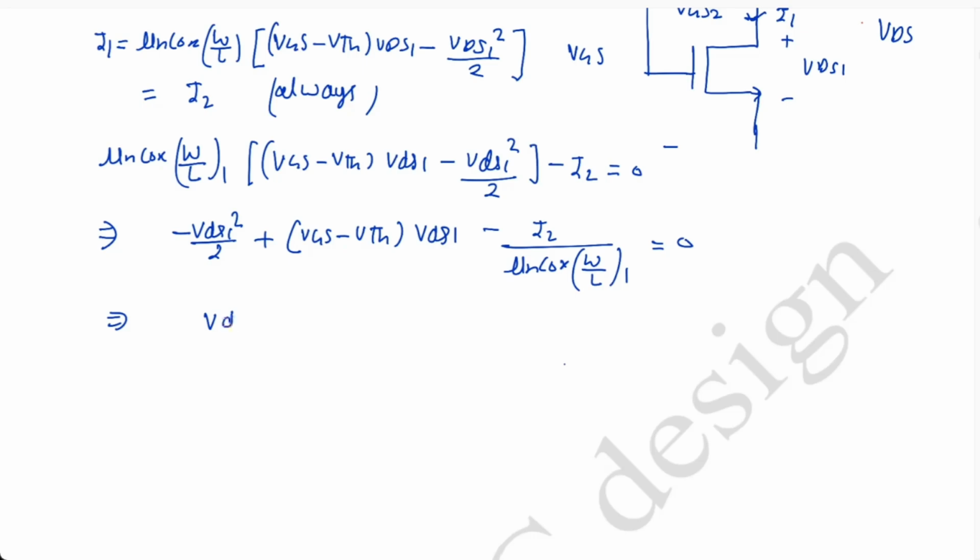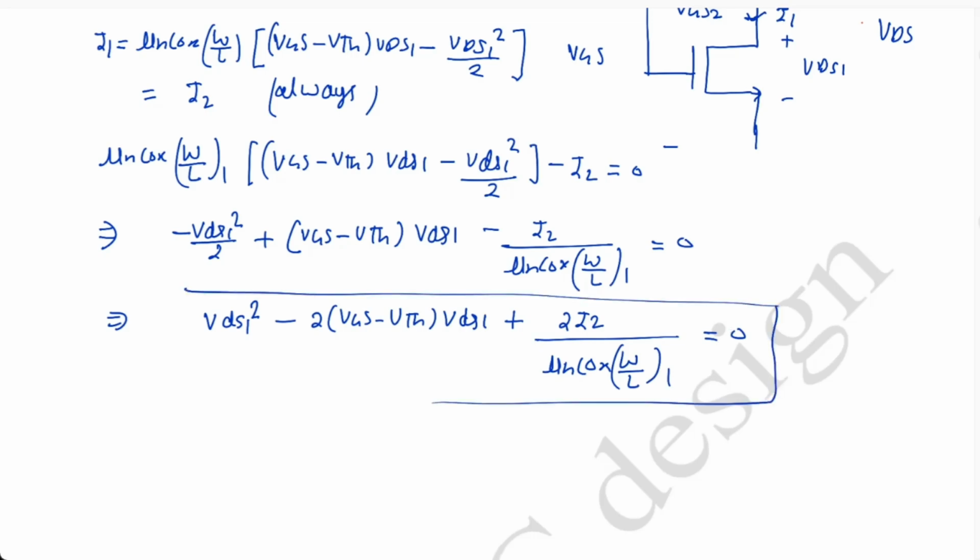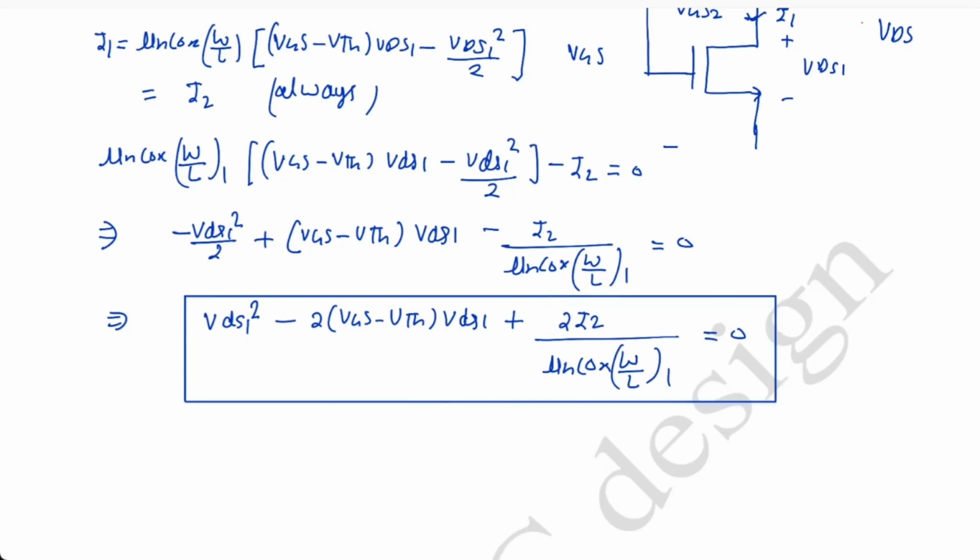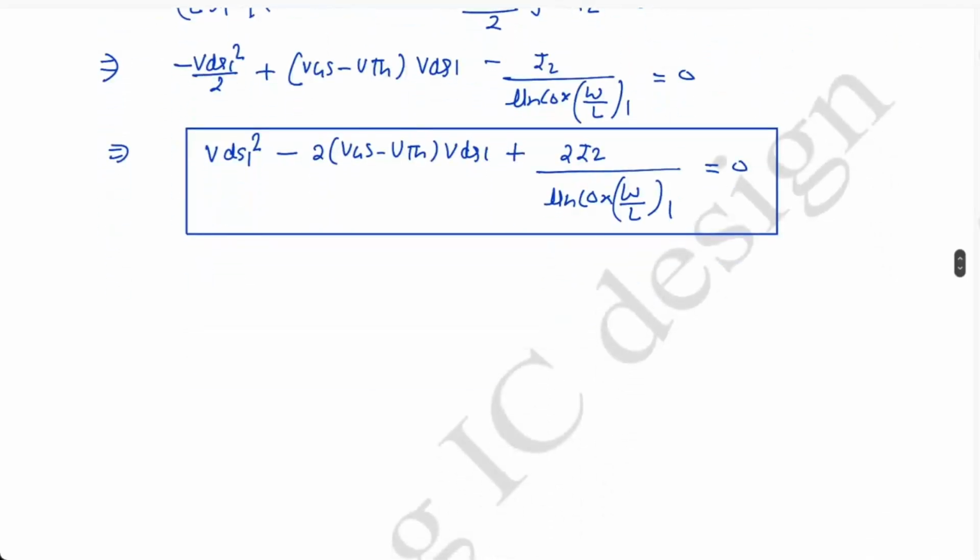So VDS1 square minus 2 (VGS minus VTH) into VDS1 plus 2I2 divided by mu1 Cox W by L1 equal to 0. So this is the equation for VDS1, and we will solve for VDS1.